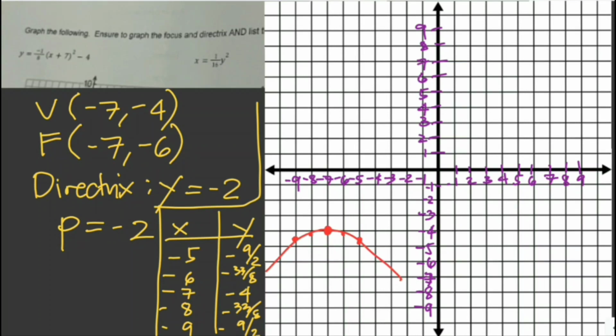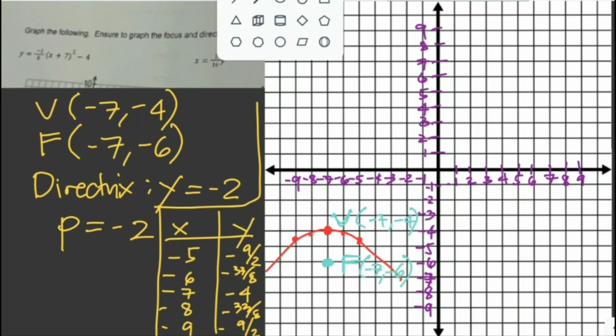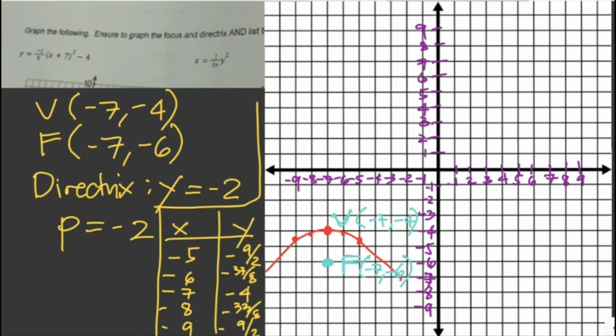Then we plot our focus. Focus is negative 7, negative 6. So this is the focus, and this one is the vertex. Vertex negative 7, negative 4. Focus negative 7, negative 6. Then the directrix would be y equals negative 2.